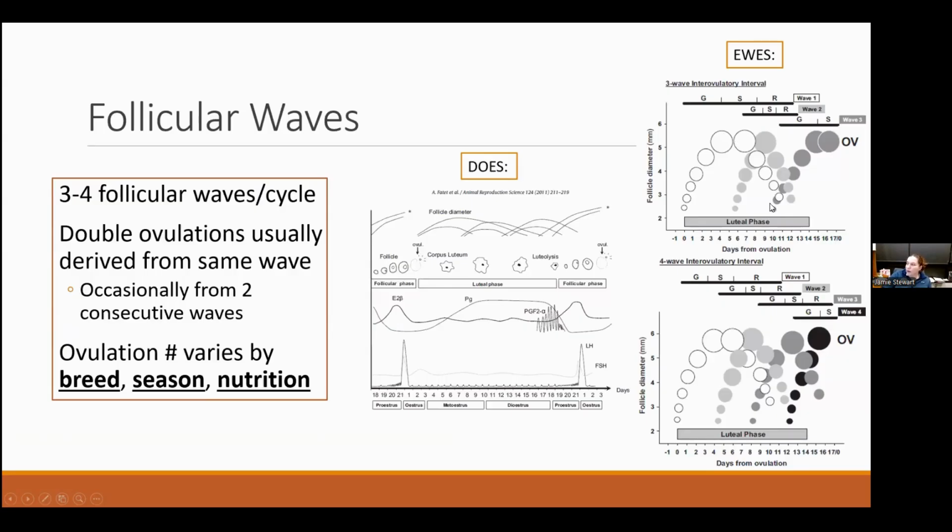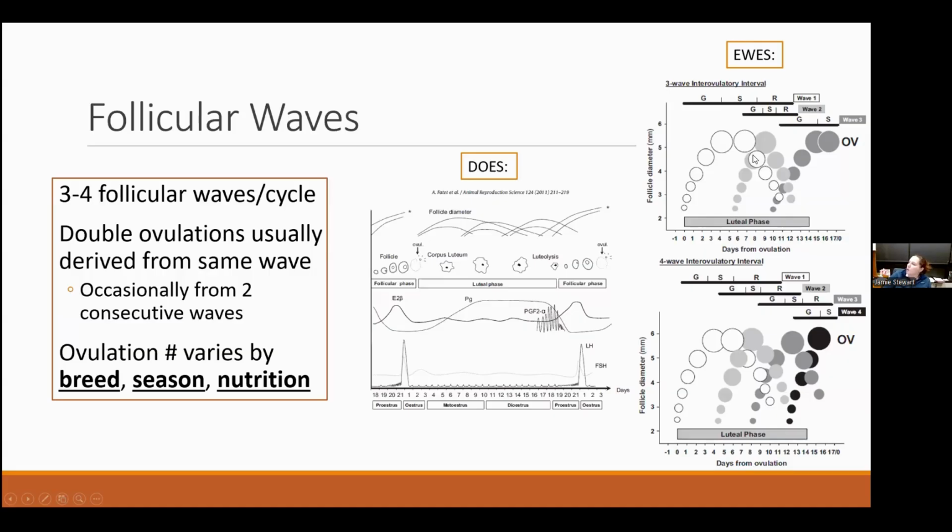They can only grow to ovulation if the progesterone goes away. So within an estrus cycle, you've got like a 17-day period. Within that period, they'll have one wave of follicles and then it goes away, because the progesterone's high and they're not ready to ovulate.